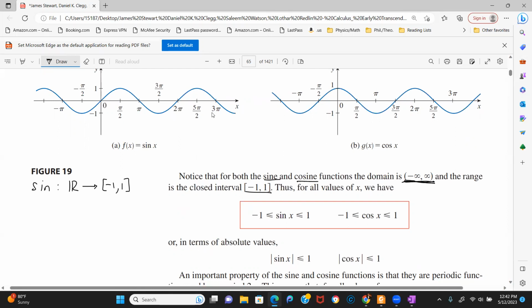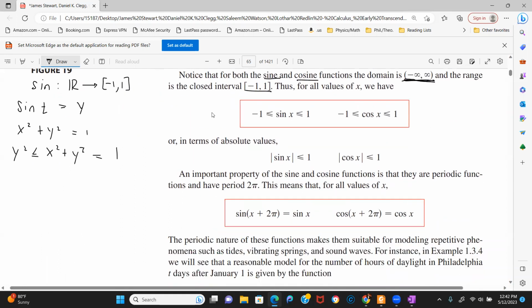And why is that? Well, sine of t is your y coordinate, right? Now we have x squared plus y squared is equal to 1.